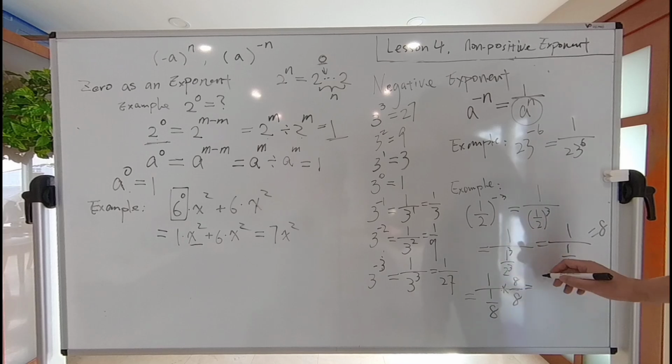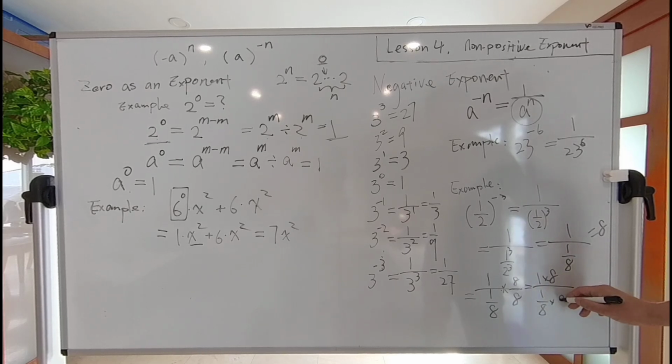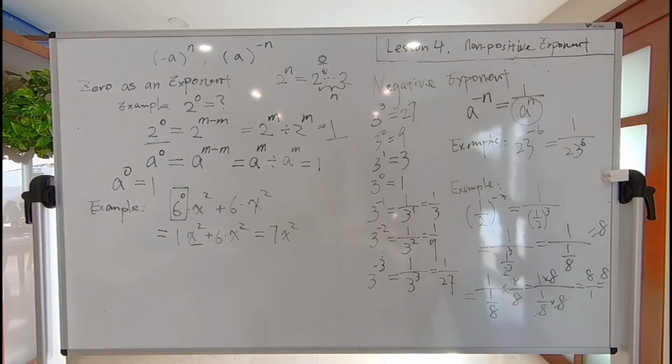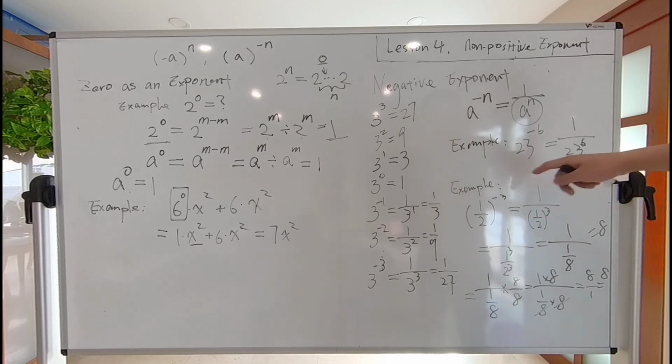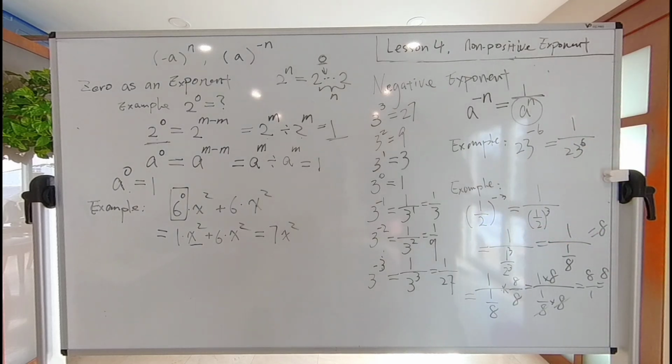So that this 8 will distribute to the numerator and denominator such that this 2 is cancelled out from the denominator, so it's 8 over 1, so it's 8. So this shows you that even for a fraction, the negative exponent is really just taking 1 over this number by the definition, and then you can still simplify this by knowing some properties of fractions.